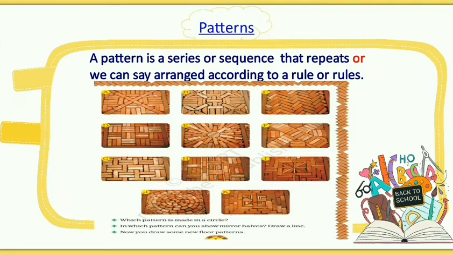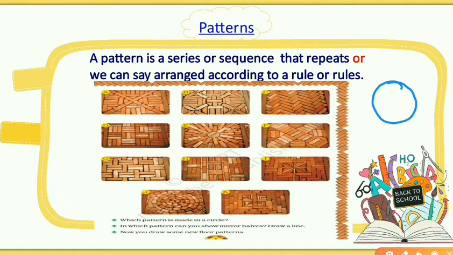So if it is asked which pattern is made in a circle, all of you know the shape circle, isn't it? It's round. So it is asked which pattern is made in a circle.